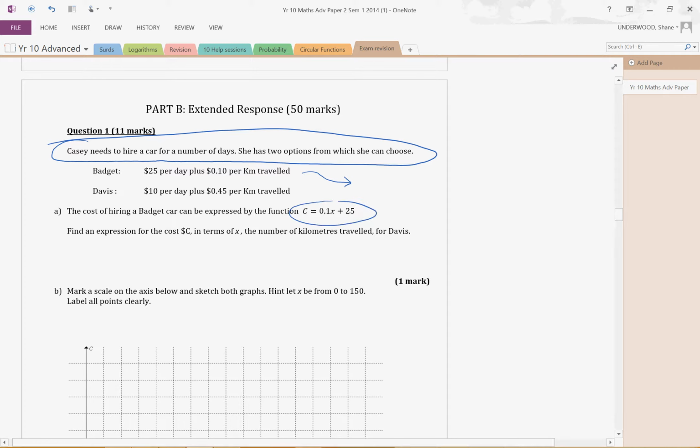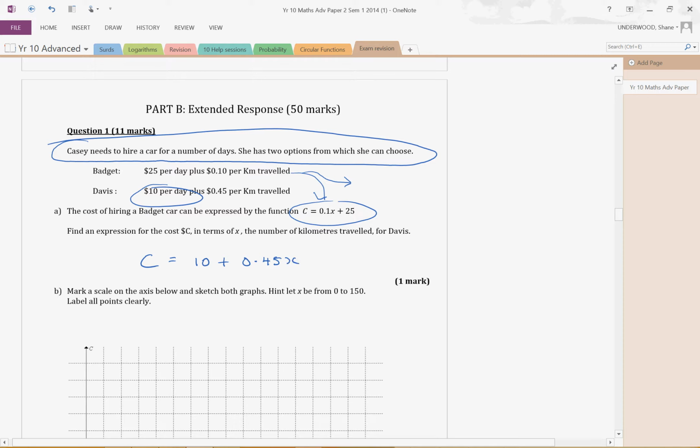Which one is that going to be? It says find the expression for Davis. Well, we've got $10 per day, so the cost for Davis would be equal to 10, in dollars of course, plus 0.45x, isn't it?